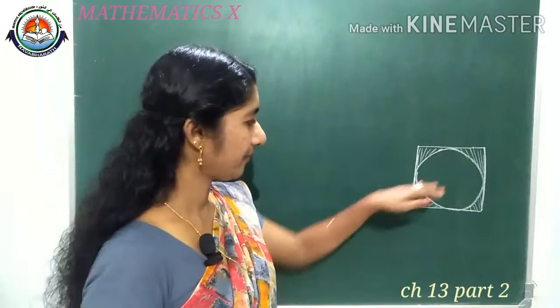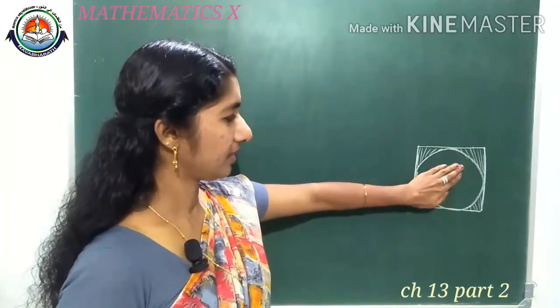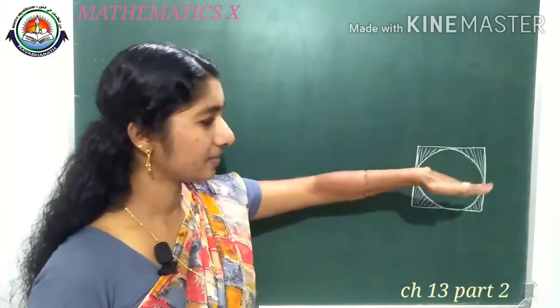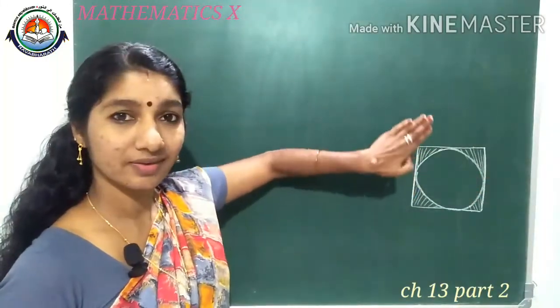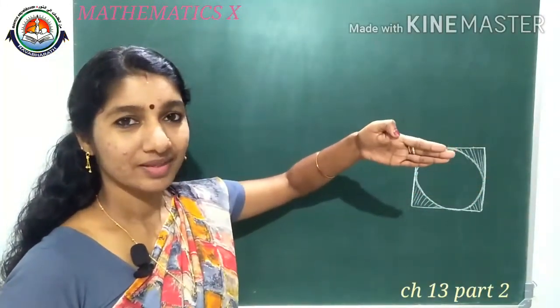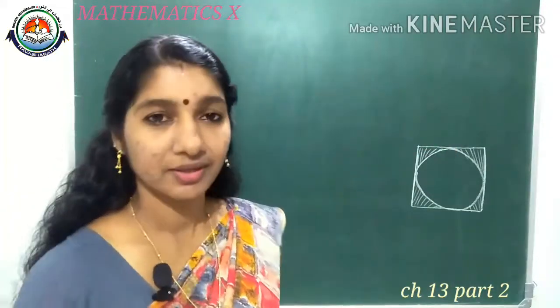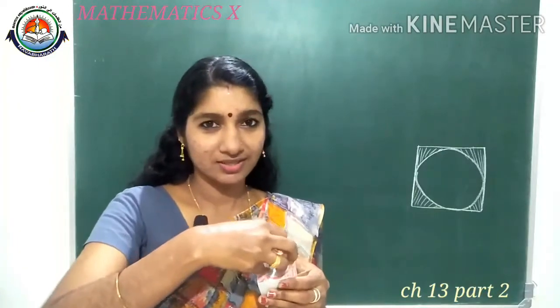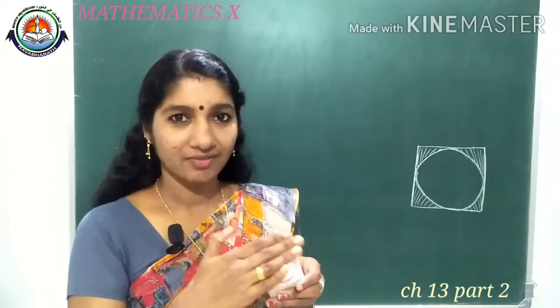Clear? And what is here? Here when we are touching, what will come? Our hand will go down and one hemispherical shape like this we will get. Isn't it? If you are cutting one ball and fixing inside this box, what will come?